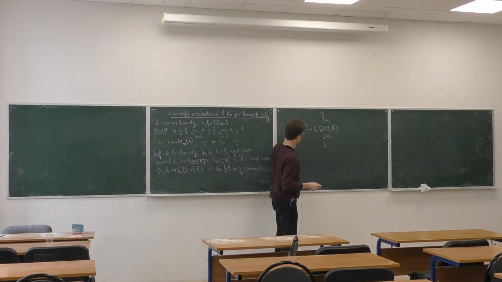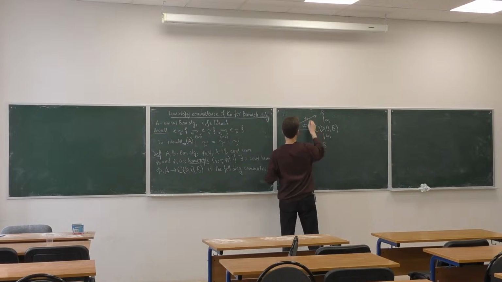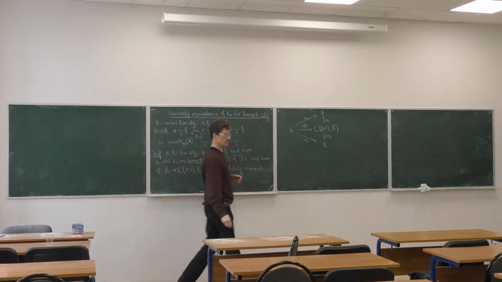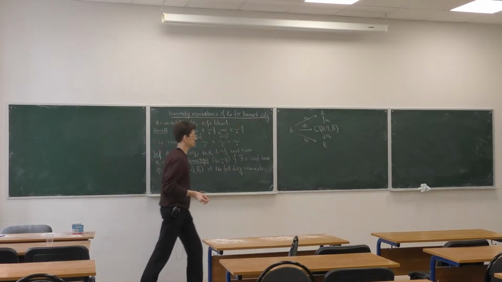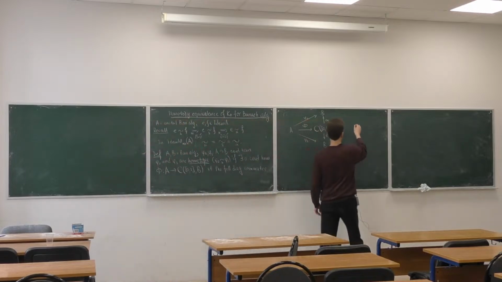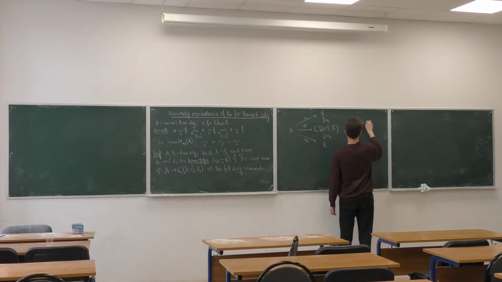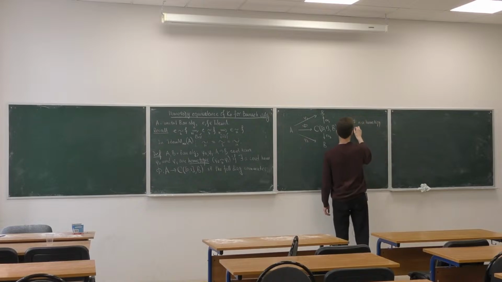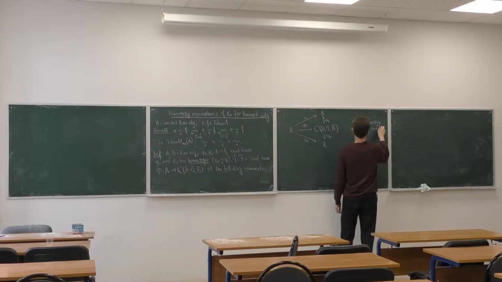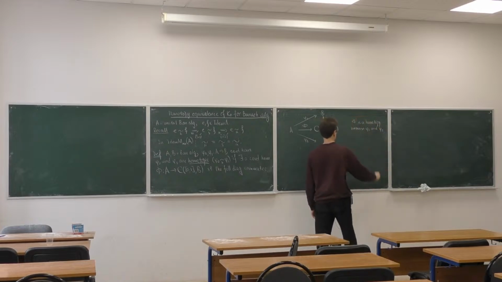So this composition should be equal to little phi 0, and this one should be equal to little phi 1. So this diagram is commutative. And in this case, we say that big phi is a homotopy between phi 0 and phi 1.